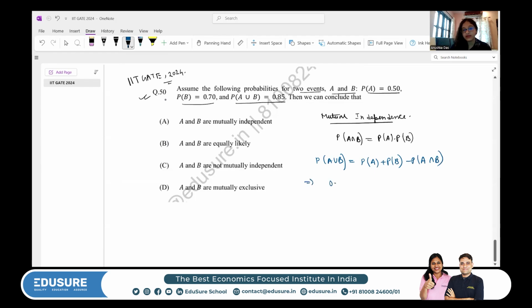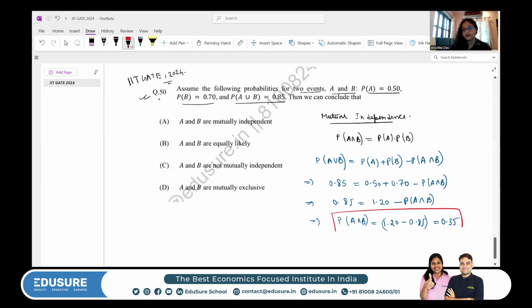A union B is 0.85, A is 0.50, B is 0.70 minus probability A intersection B. So probability A intersection B is 1.20 minus 0.85, which is 0.35, right? This is all you have here. Probability A intersection B is 0.35.